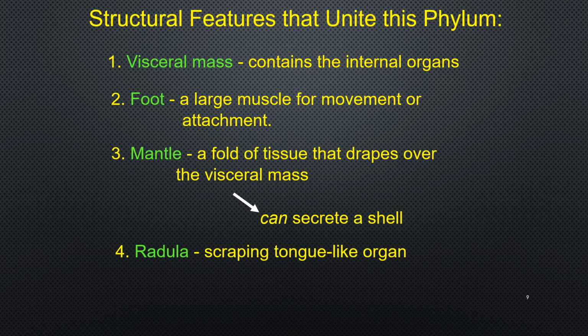Now, a radula is an organ that works like a scraping tongue. So the way I like to think of it is if you look at a bulldozer and what's there instead of the wheels, that big, what would you call that? Almost like a conveyor belt, but it has notches in it that allow it to grab into the surface of the ground. A radula looks like that and acts like that.